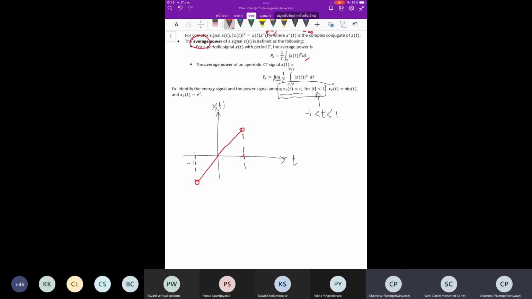And how about when t is more than 1 or less than -1? Well, it's not defined, so this is a finite support.